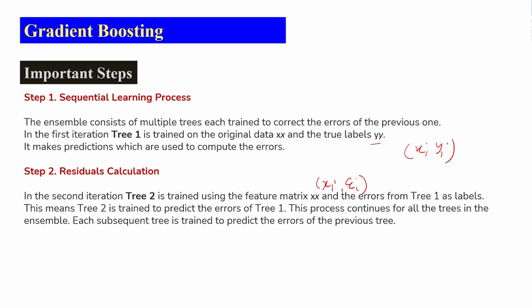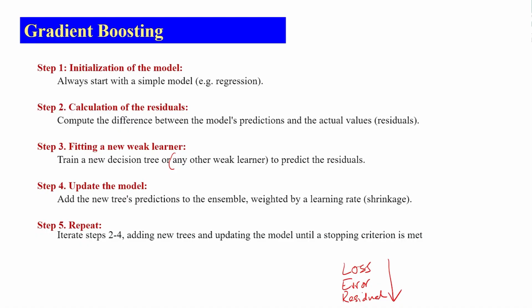We can train the second tree using not the original Xi, Yi, but X and the error as the labels. This means T2 is trained to predict the errors of T1, because we are using the error as a label.